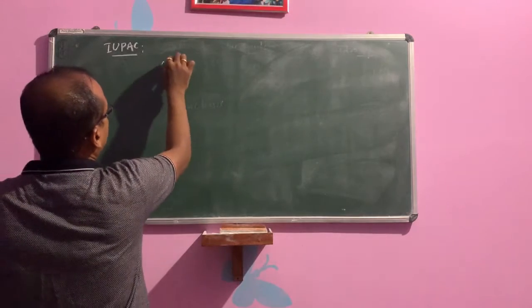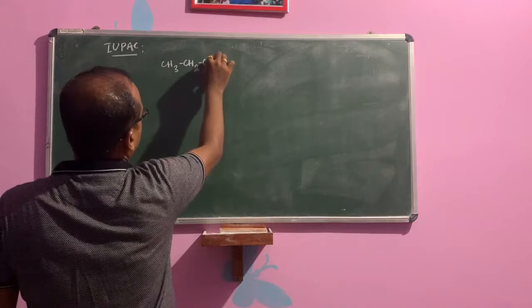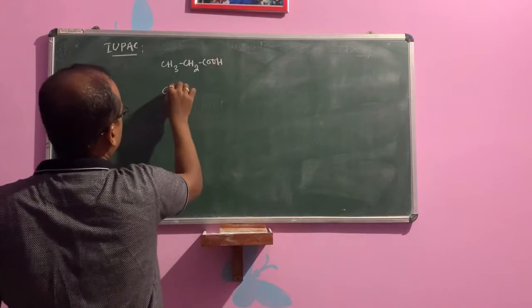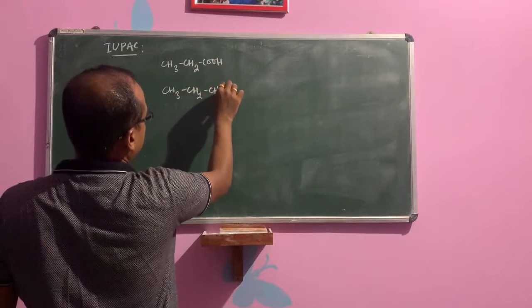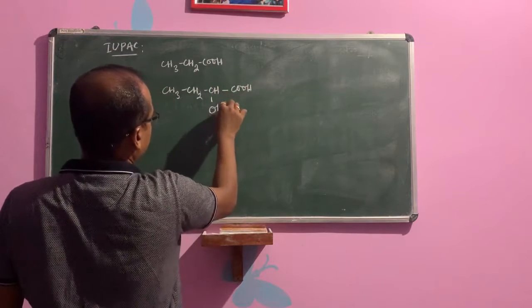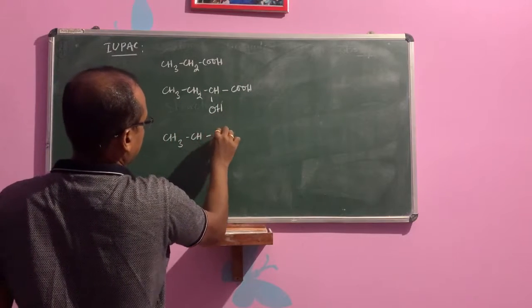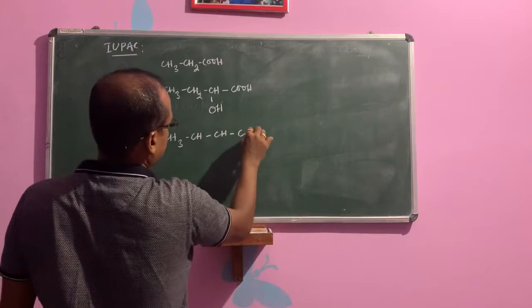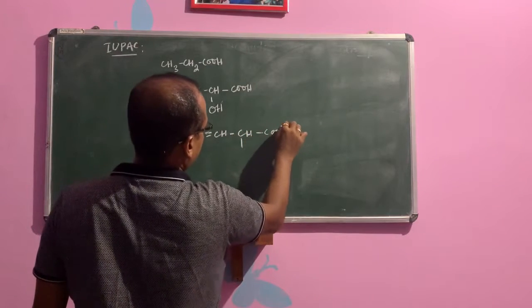Suppose for example, CH3CH2COOH, CH3CH2CH COOH with an OH, CH3CH CH CH COOH, like this.